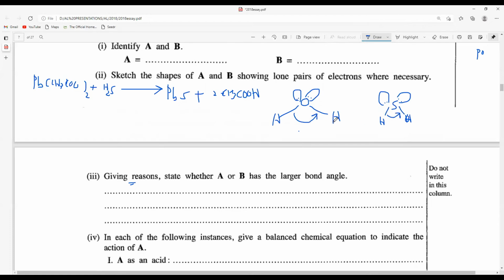So what is the reason? You can tell oxygen is more electronegative than sulfur. So these bonding electrons are more concentrated around the oxygen atom, making repulsions more and more, right?